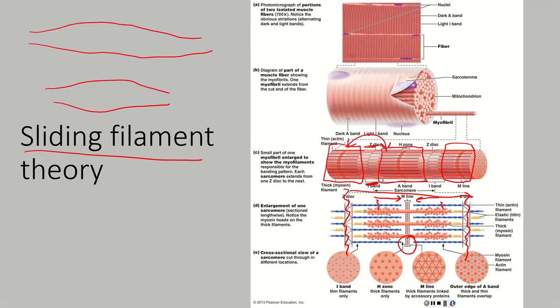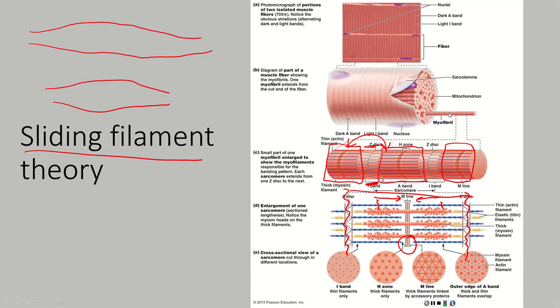Now, each of these sarcomeres, remember, end to end to end, make a myofibril. And the myofibrils are held to the endomysium by proteins like dystrophin. So, as the sarcomeres shorten, the myofibrils shorten.